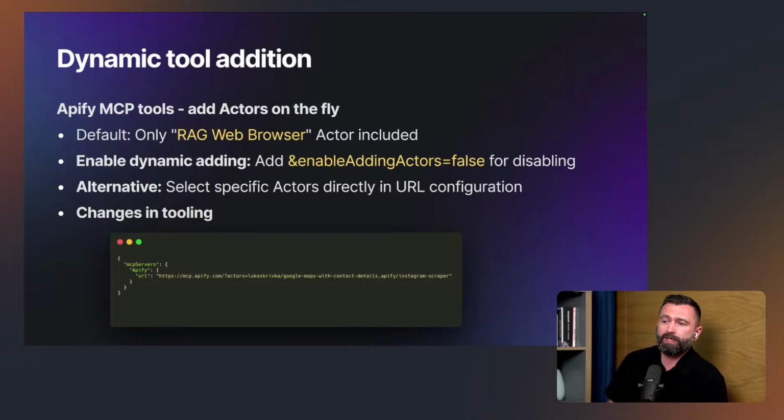Alternatively, you could select specific actors as tools upfront, and you could do it in the URL. You can see the code snippet there, where there's just this simple parameter actors and the names of the actors separated by commas. So you can see that I've got Google Maps and Instagram scraper set up for my MCP server.